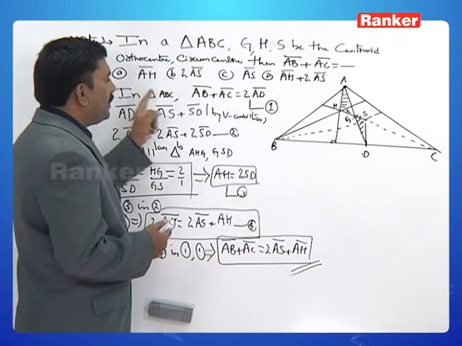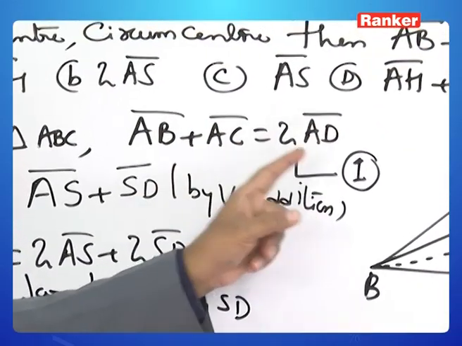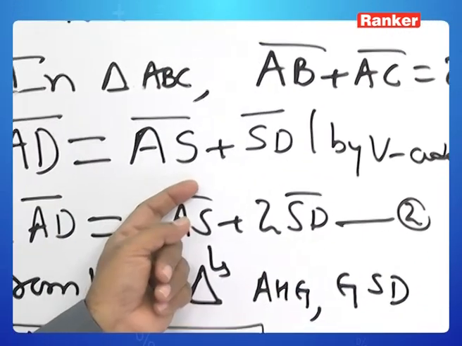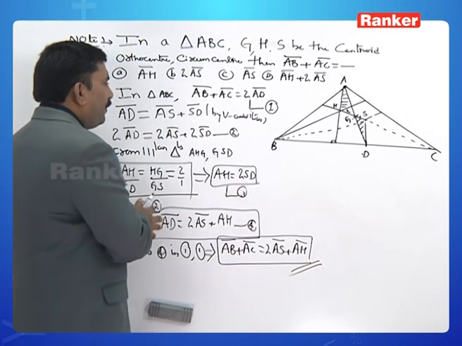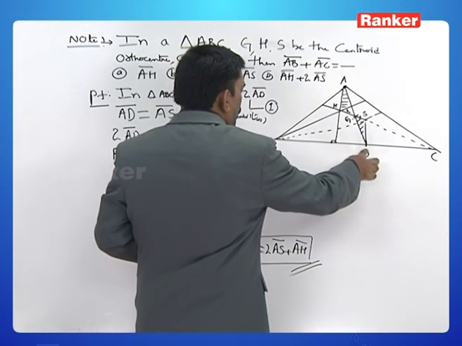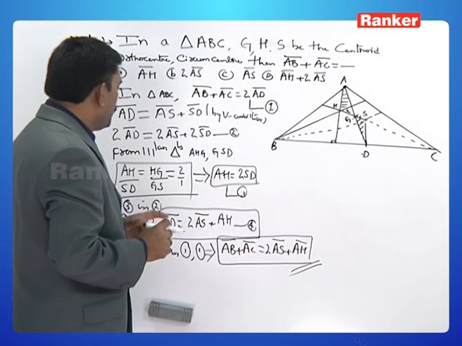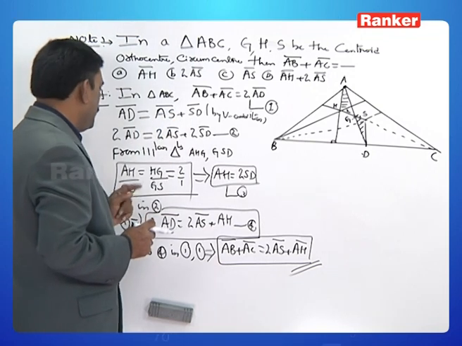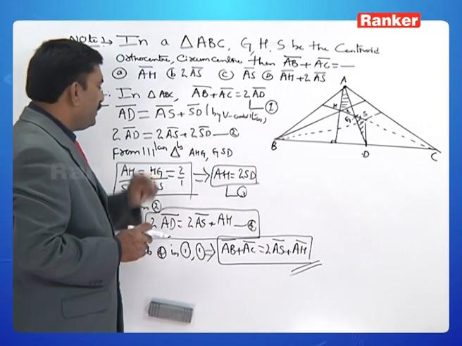So therefore, in a triangle ABC, AB bar plus AC bar is equal to 2 into AD bar. So therefore, AD bar is equal to AS bar plus SD bar by vector addition. Now multiply 2 on both sides: 2 AD bar is equal to 2 into AS bar plus 2 into SD bar.